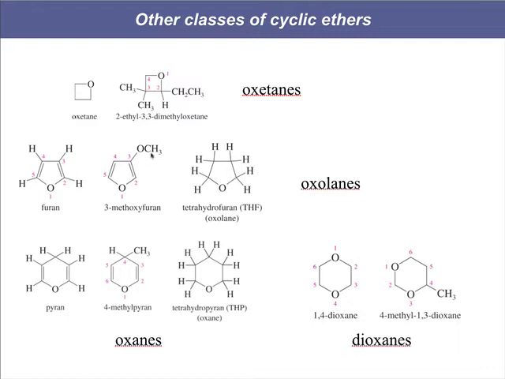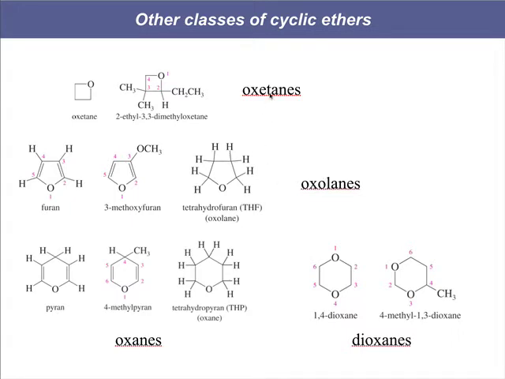Again, this OCH3 is a methoxy group. And then tetrahydrofuran, we've seen THF before. It's basically furan where we've added 4 hydrogens by hydrogenating the 2 alkenes. So that becomes tetrahydrofuran, which is oxolane. That is the simplest type of oxolane, a 5-membered cyclic ether.